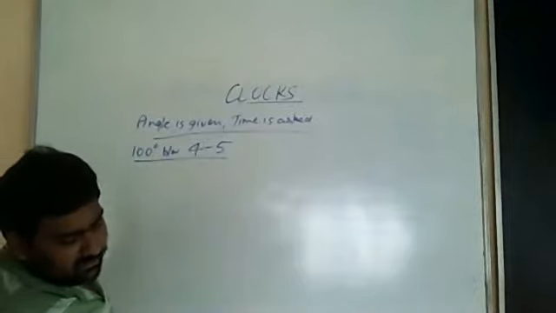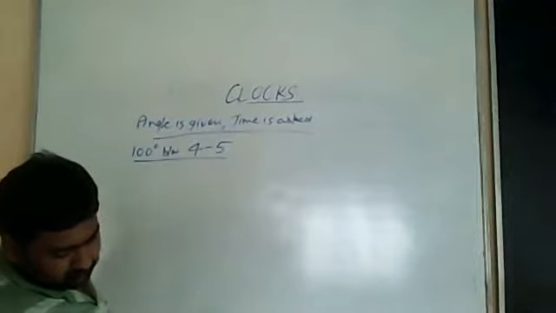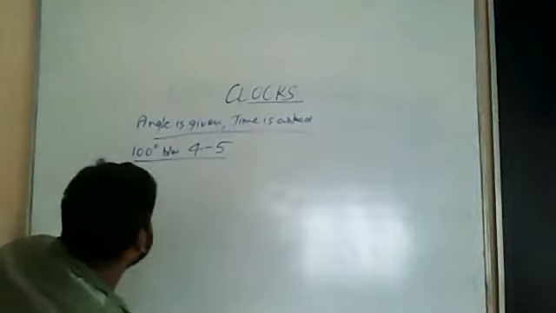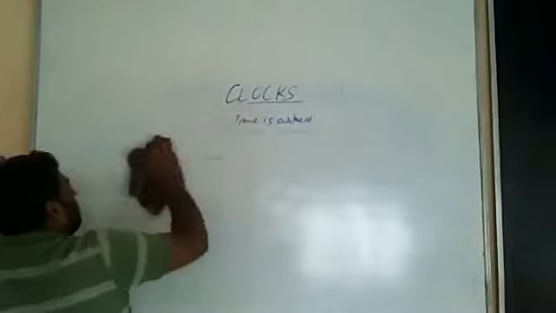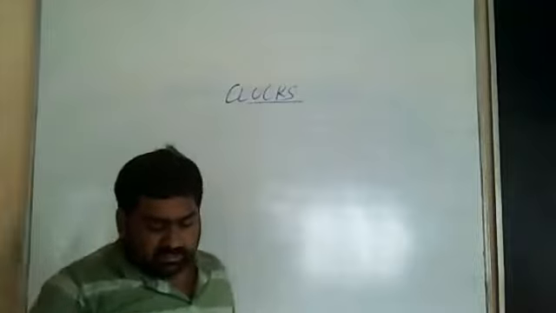What is this? 100 degrees between 4 and 5. Okay, before this, 1 second. Before this, let me cover one more thing. Once I cover this, then you will be able to answer it better.